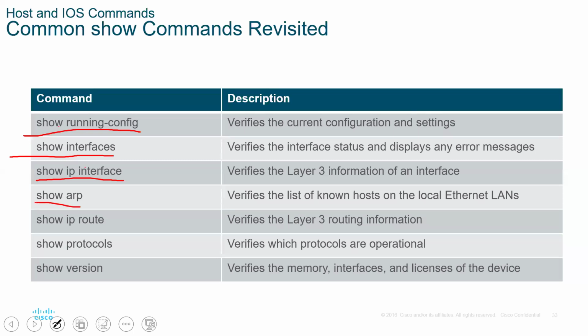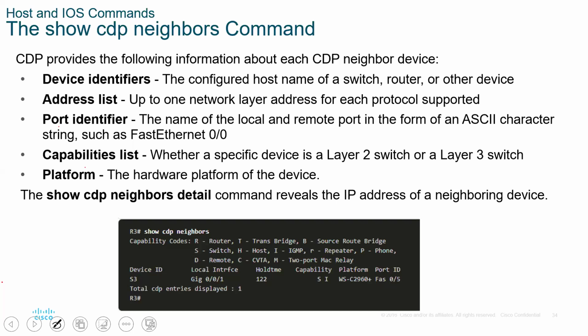Show arp verifies the list of known hosts on a local Ethernet LAN. Show ip route verifies the layer 3 routing information. Show protocols verifies which protocols are operational, and finally show version verifies the memory, interfaces, and licenses of the device. So all these commands are very, very important, especially when it comes to troubleshooting.